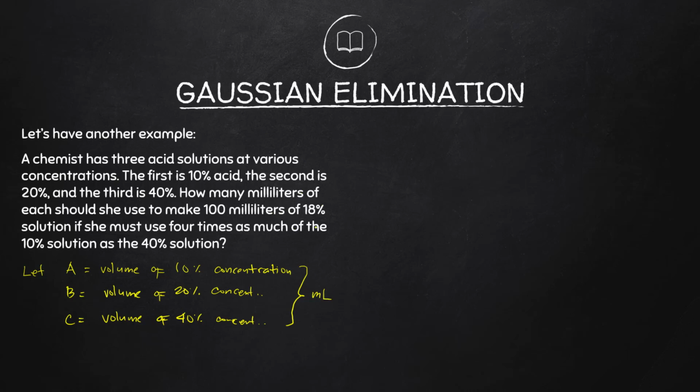So we have a condition here. She should make a total of 100 ml. If the chemist is going to mix all of these three types of solutions, she needs to arrive with 100 milliliters of 18% concentrated solution.